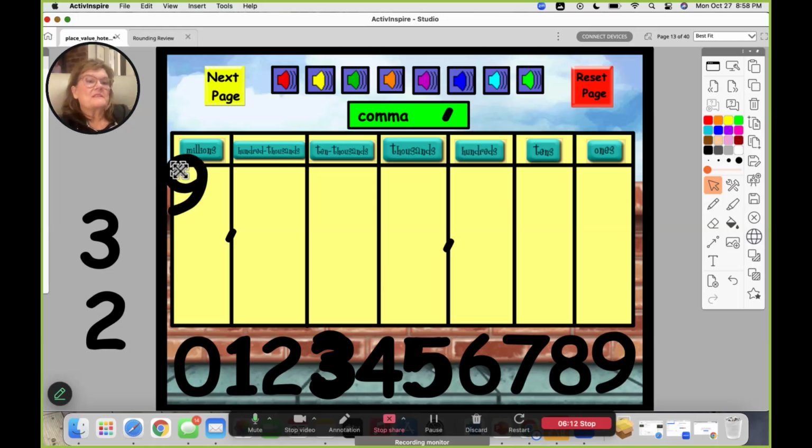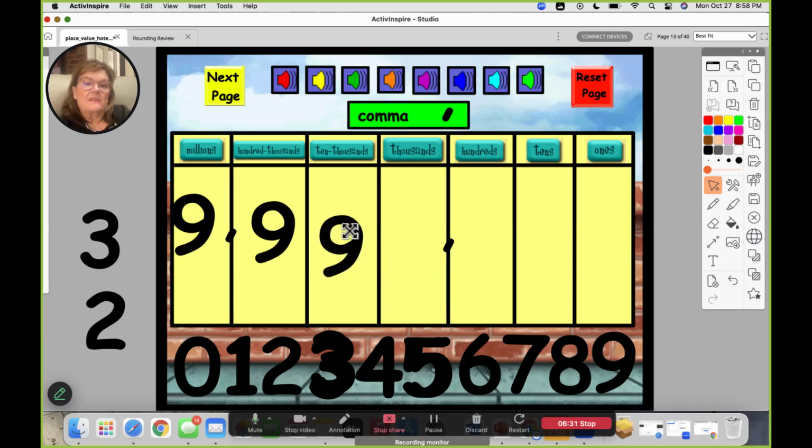Right. It would make more sense to put the 9 in the millions place because the millions place has the most value. It has the most worth. So I'm going to put the largest number that I have in the biggest place. So if I want to make the largest number I can, I would put all 9s across here.